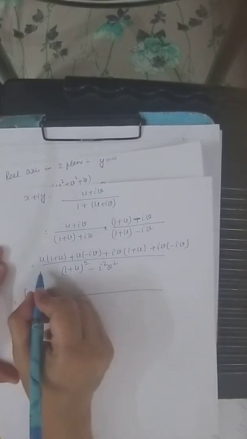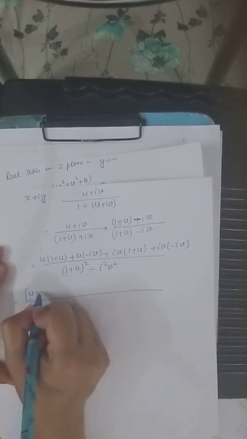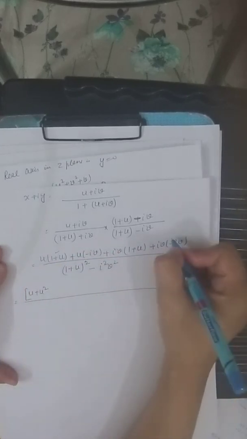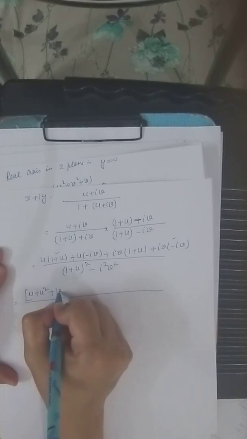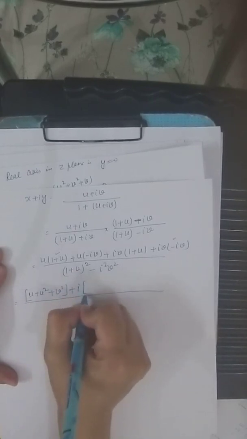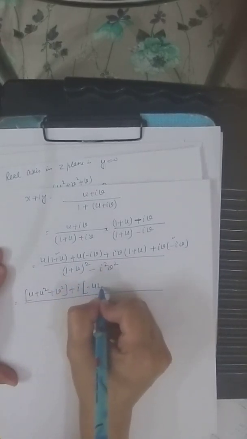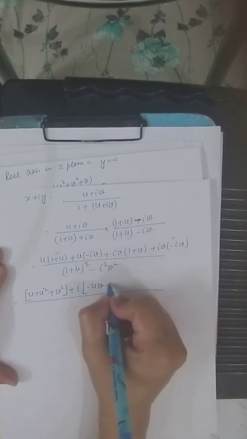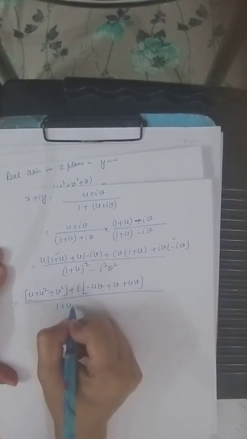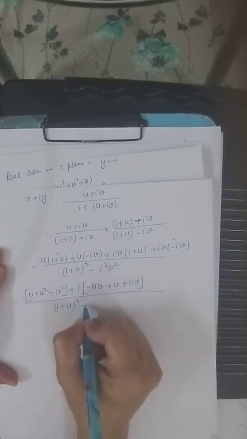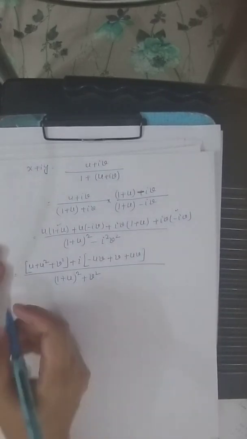I will separate real and imaginary parts: u plus u square, and this iota square is minus 1, so minus minus plus v square, plus iota times (minus uv plus v plus uv), over (1 plus u) whole square plus v square.